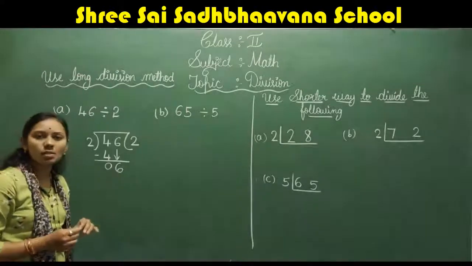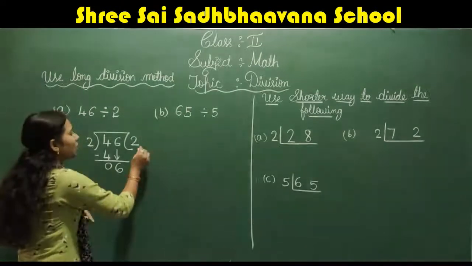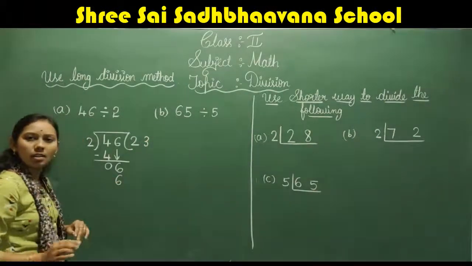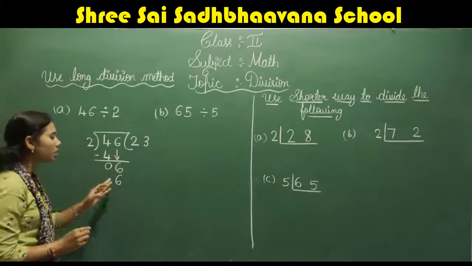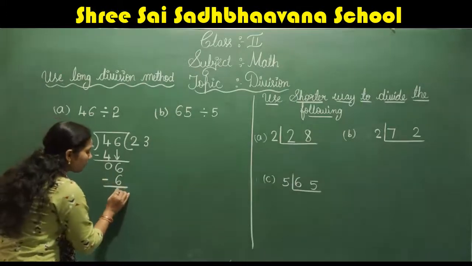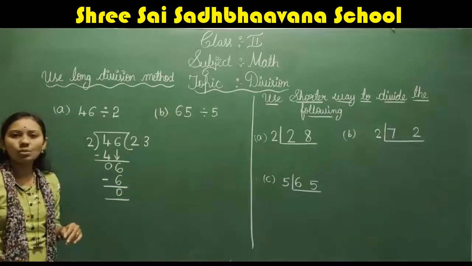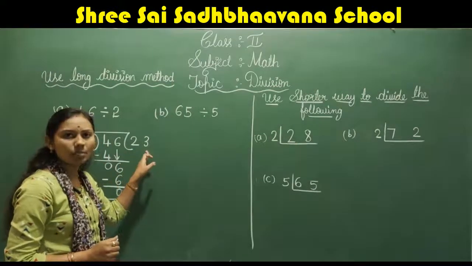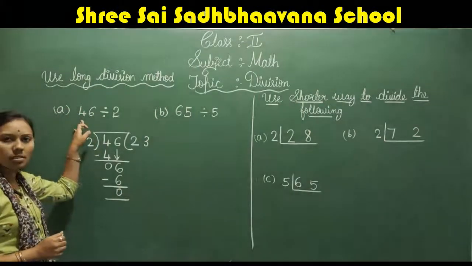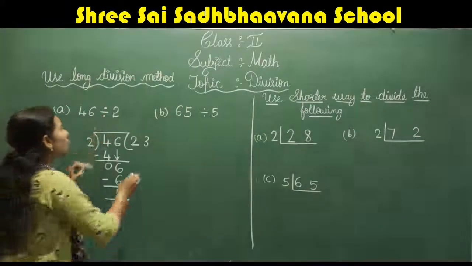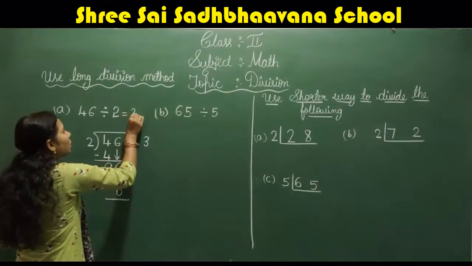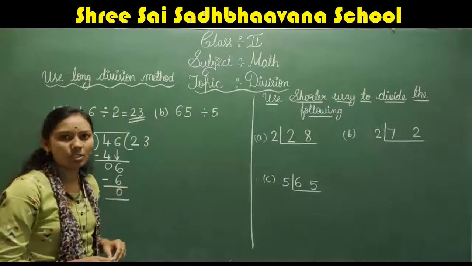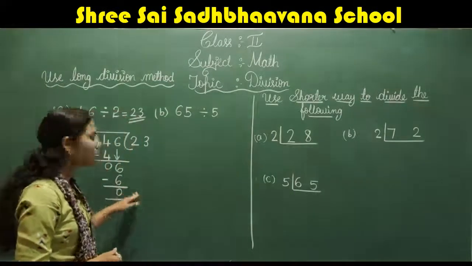So how many times does 2 go into 6? Yes, 2 3s are 6. 6 minus 6 is 0. So what is the quotient we got here? 23. When you divide 46 by 2, we will get the quotient 23. Got it? Understood children this one?